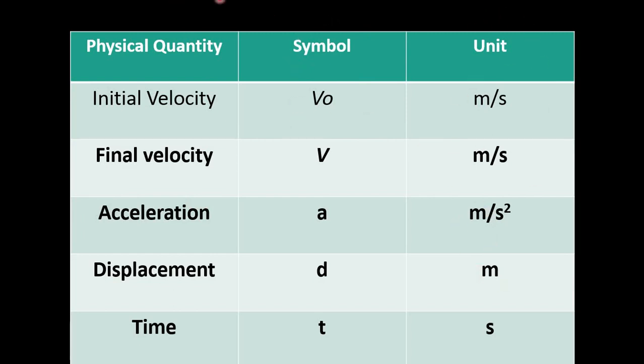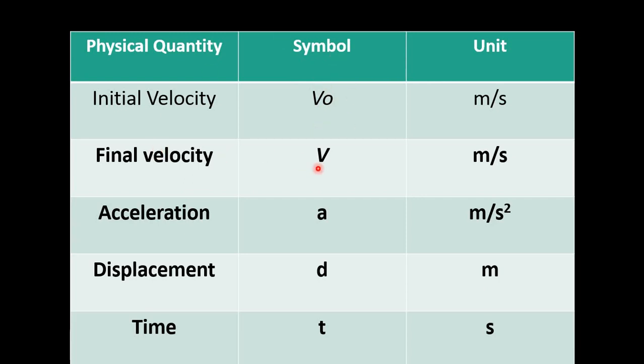I purposely made this one because it follows what's in your book. In some sources, the initial velocity is Vi, but in your physics book, it's Vo.